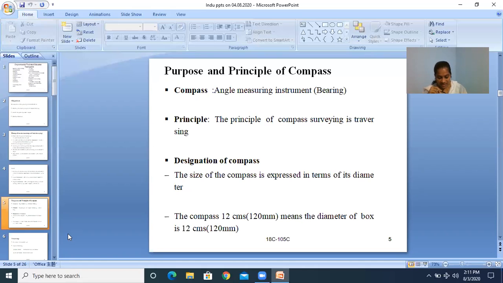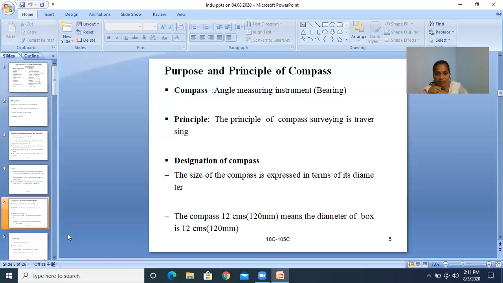For measuring the directions and angular measurements, the following instruments are to be used. So what instruments are used to measure angular measurements? Yeah, right. Either a prismatic compass, that means a compass, or theodolite, box sextant. Those are the instruments that can be used to measure angular measurements.